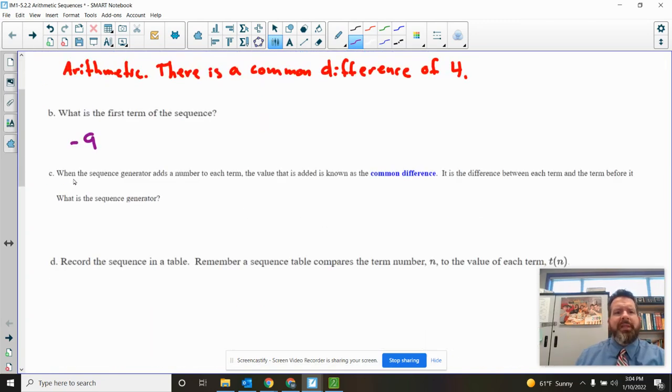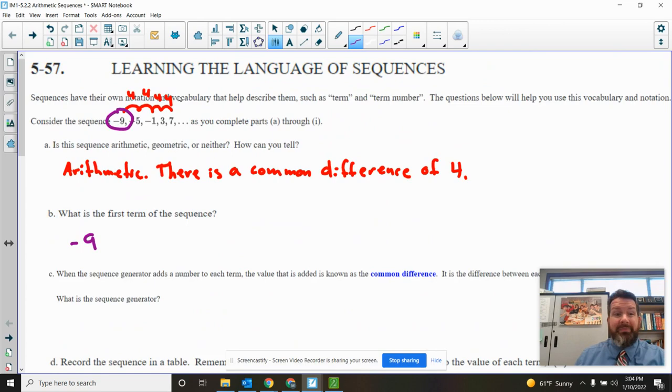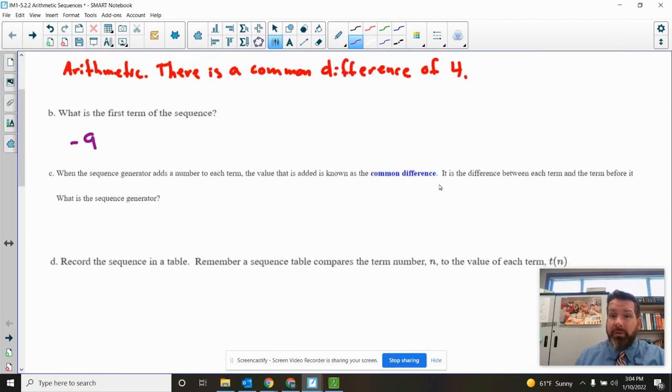So next up, when the sequence generator, that's just referring to the pattern of the sequence, adds a number to each term, that value is known as the common difference. Well, in this case, we found that. It's 4. So our sequence generator this time is to add 4.